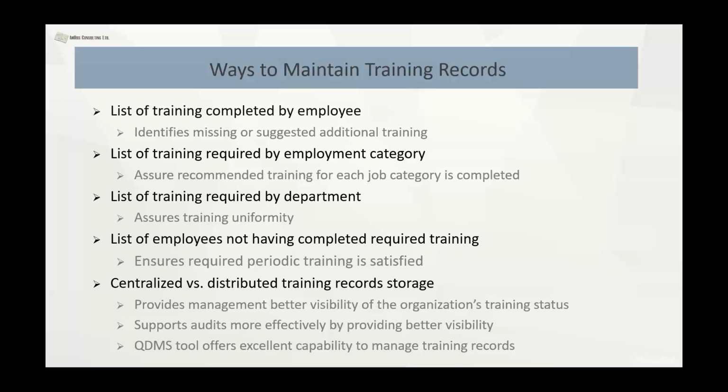So that would be a different list of the training or certification that's required. So you want to be able to see by employment category what the trainings are, and then which of the employees in that category has completed that, or possibly he or she may be missing some of the training that's required. So that's one way of looking for, let's say, holes in your training requirements.